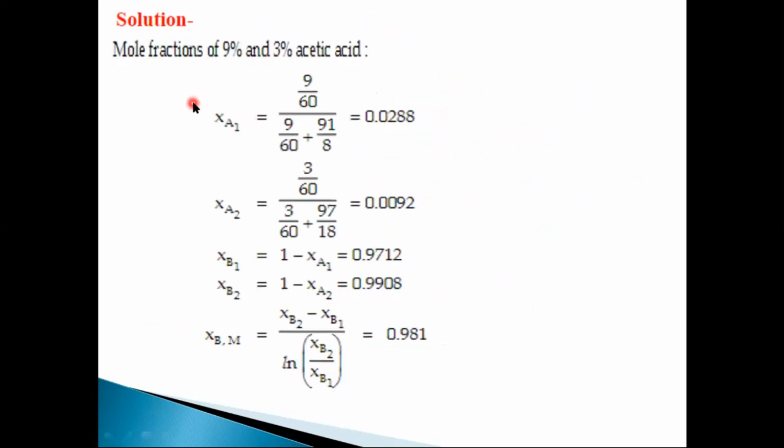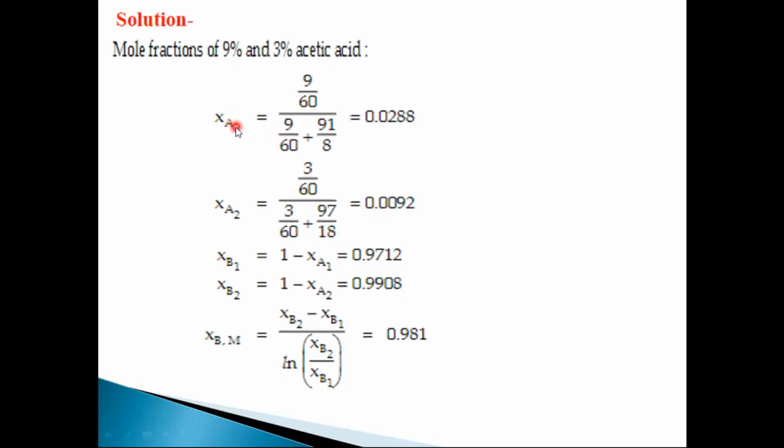So for this, mole fraction of 9% and 3% acetic acid. XA1 is nothing but the mole fraction of component A at place 1, that is 9 by 60 divided by 9 by 60 plus 91 by 18, which is equal to 0.0288. And XA2 is equal to 3 by 60 divided by 3 by 60 plus 97 by 18, which is equal to 0.0092.